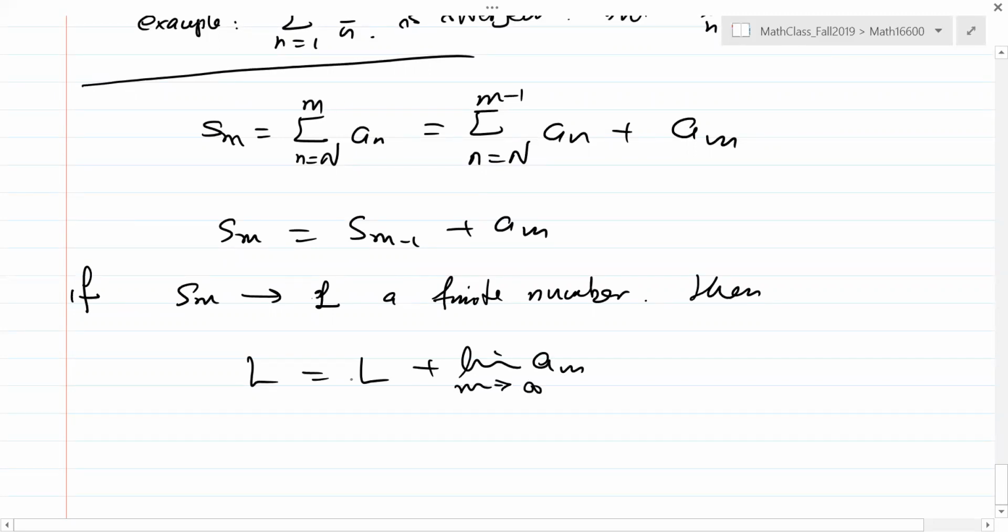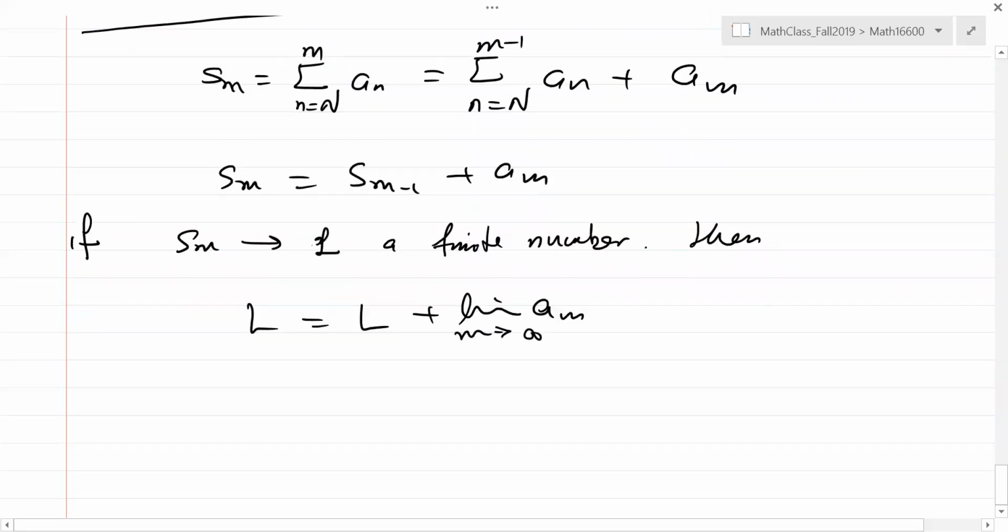And then clearly the limit of a_m must be 0, because this approaches L, this approaches L, then this term a_m must be approaching 0.